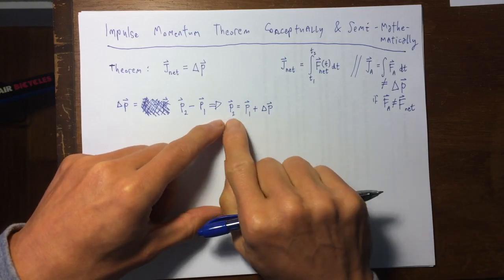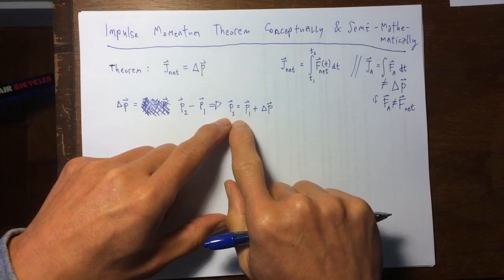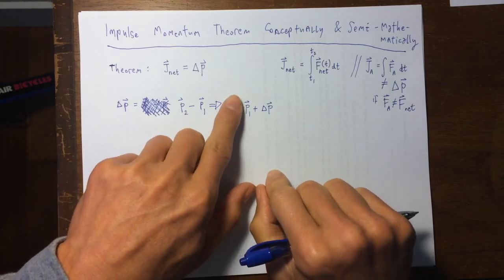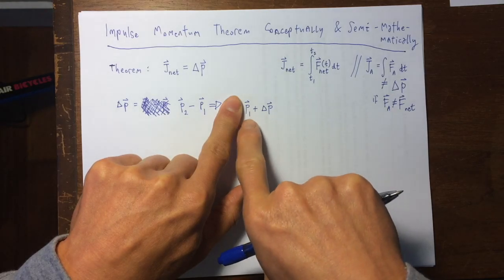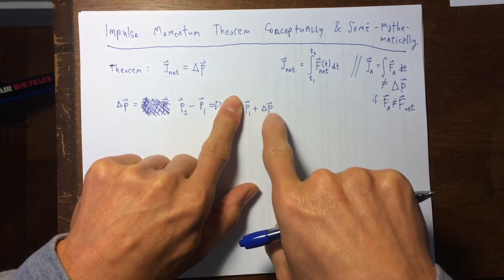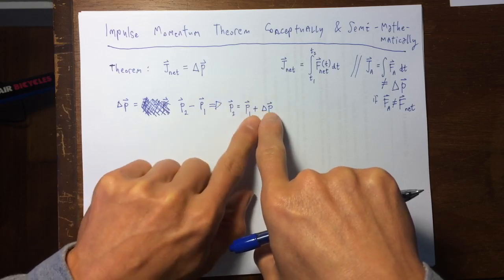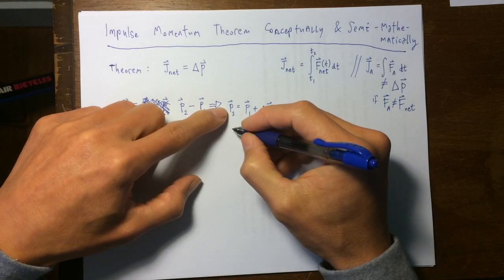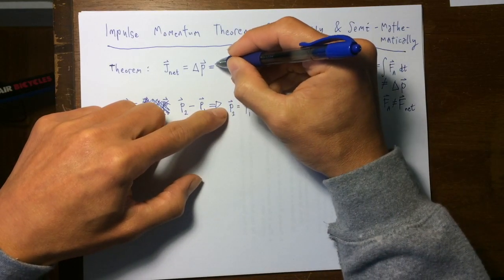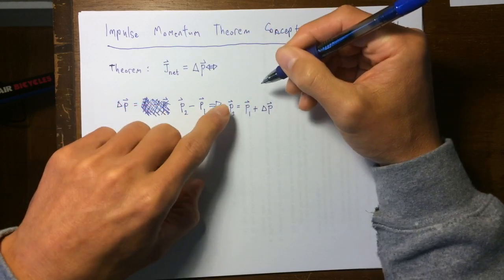I really like this description of momentum changing. The idea is if you have a starting value of momentum and then it changes by this amount, then the starting value plus the change is the finishing value. And the impulse momentum theorem, another way to write it, so I'll do this little double arrow.